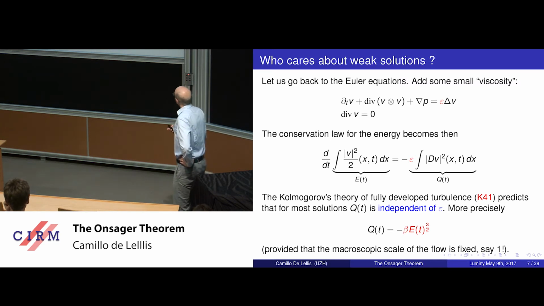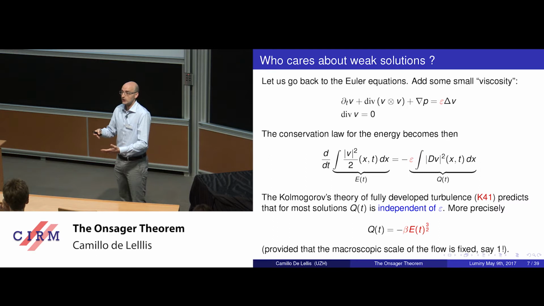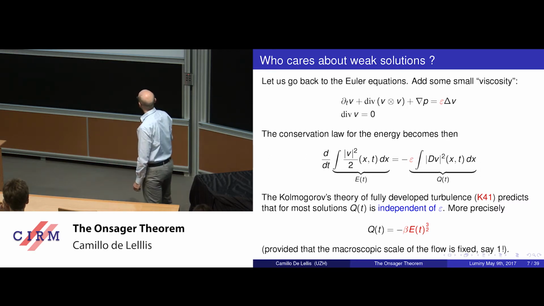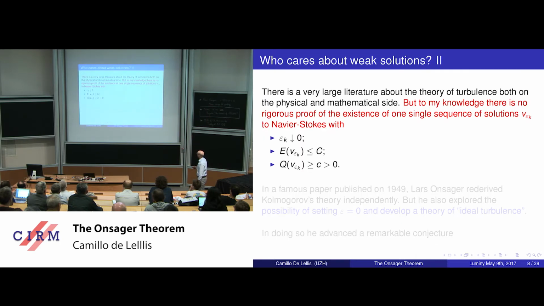So now, of course, if you're imagining that something like this holds true, if it is happening for most solutions, I should find a sequence of solutions to Navier-Stokes in which the viscosity is going down to 0, but this guy stays bounded, in spite of the fact that you have an epsilon multiplying it. That's what you're expecting, therefore.